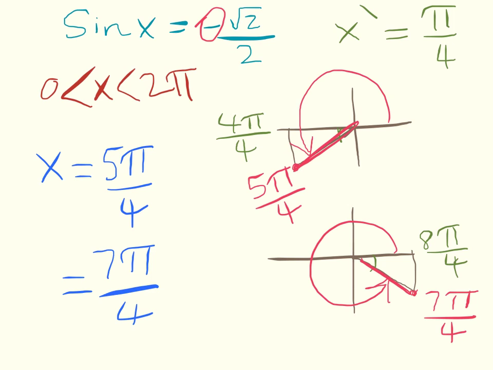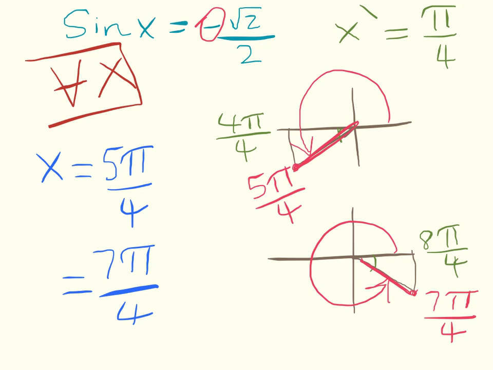Well, what if instead of 0 and 2 pi, I asked you to do something like that? If I asked you, let's get the answers for all real solutions. This symbol right here means all answers for x.